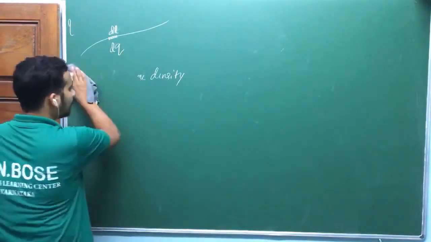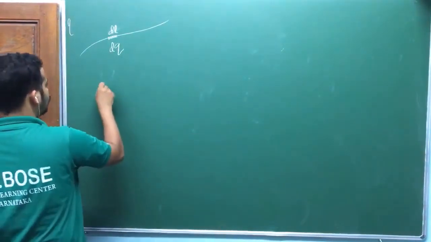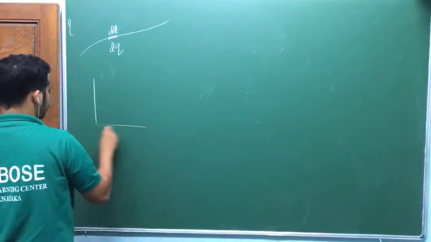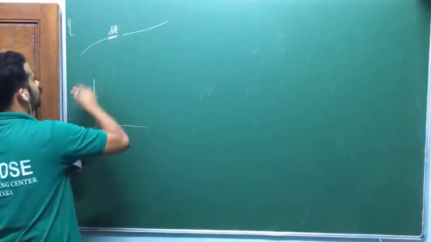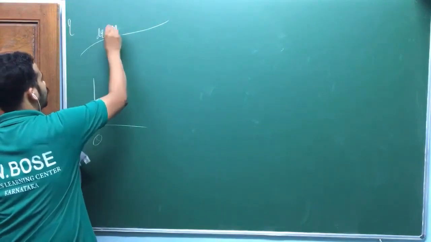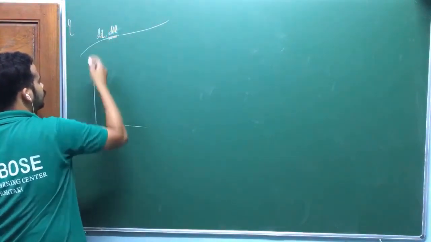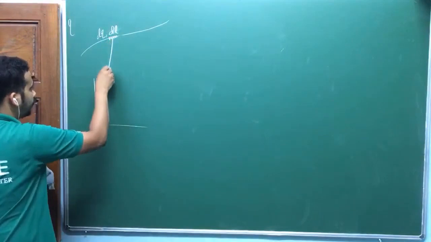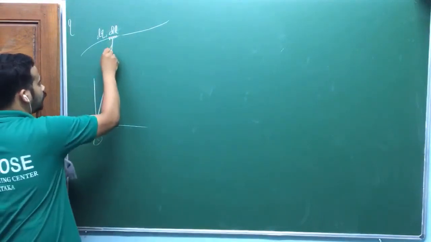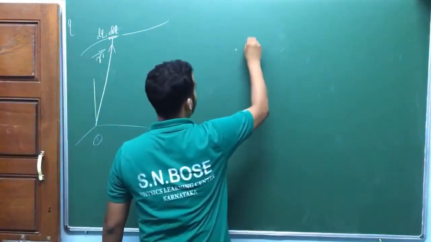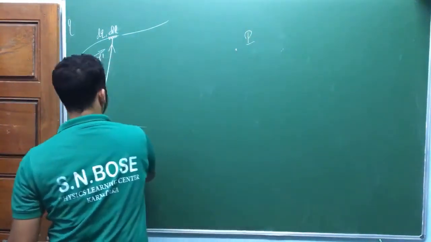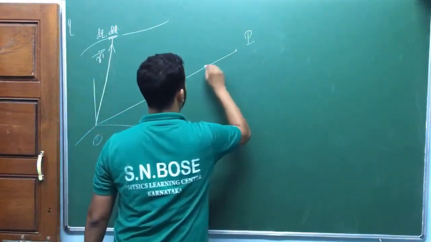We better choose the coordinate system. Here is the origin. The small length is dl and the charge in this region is dq. This position we are going to write as r prime vector. Somewhere here we are going to find the electric field, so that is r vector.